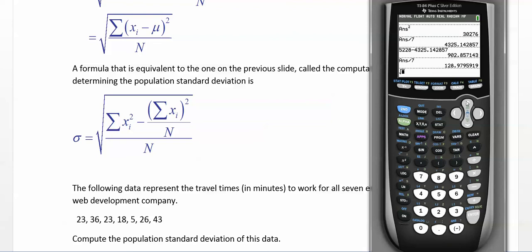And the really cool thing is, it should match. It's kind of creepy that it works out that way. So anyways, either formula is fine. It's just this computational formula requires less table work on our part. There's less things we have to do to calculate it, and we still get the standard deviation to show up. So 11.36 for it.